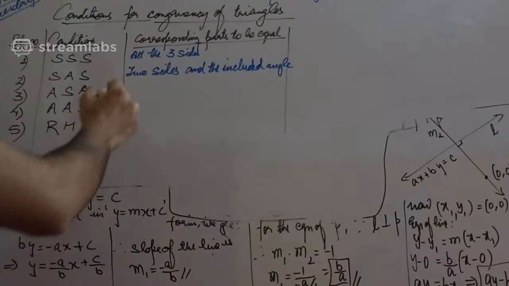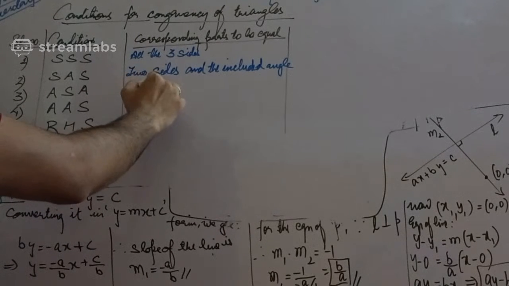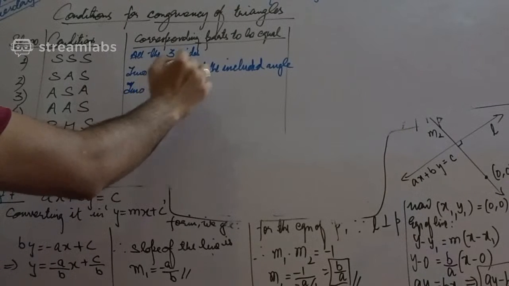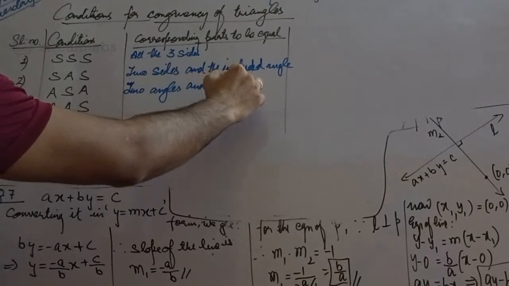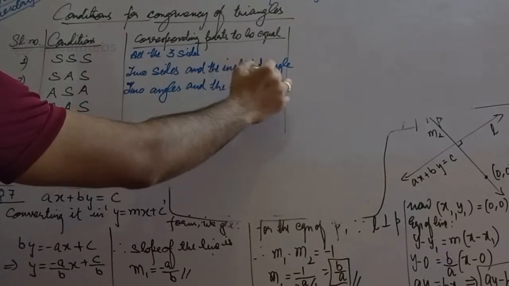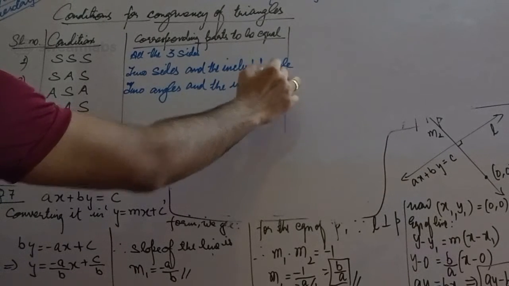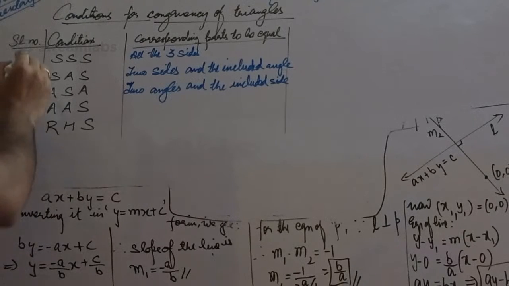Coming to the next one, two angles and the corresponding included side. The side between them should be equal. It is the third one.